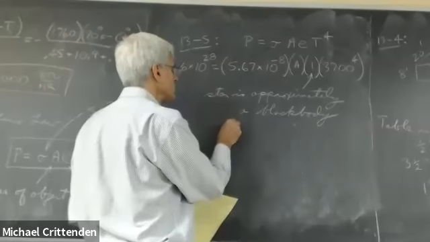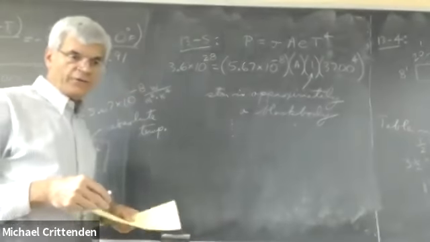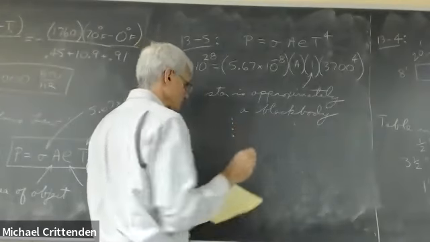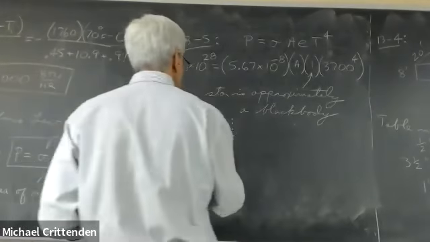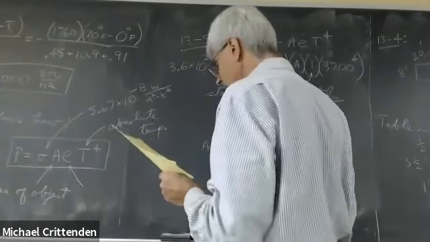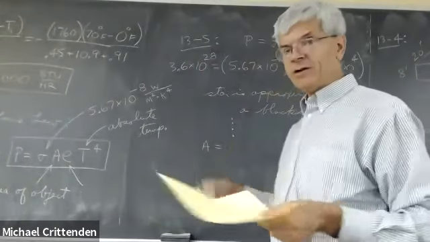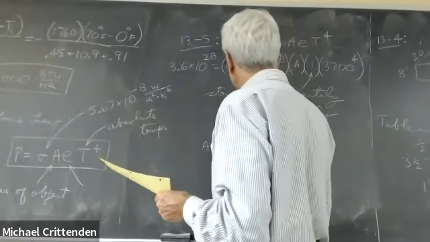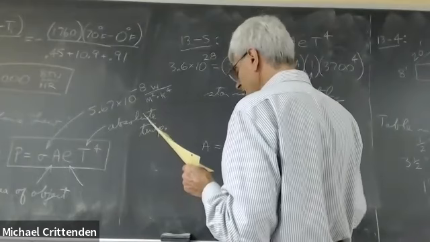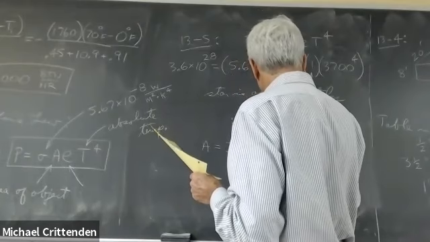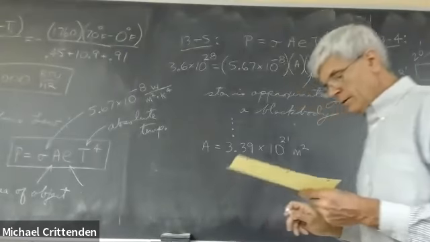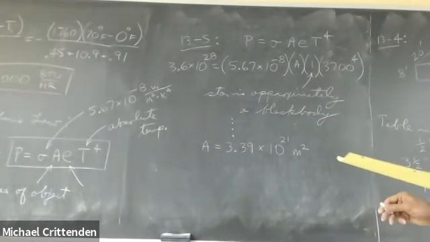And so fast forwarding through some basic algebra, the area of this would be its surface area, because there's other kinds of area like cross-sectional area. But the surface area of the star, 3.39 times 10 to the 21st square meters.